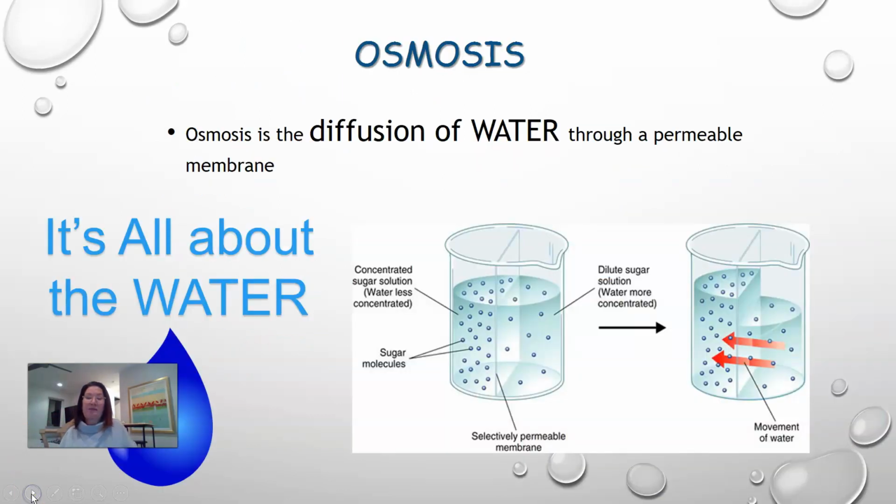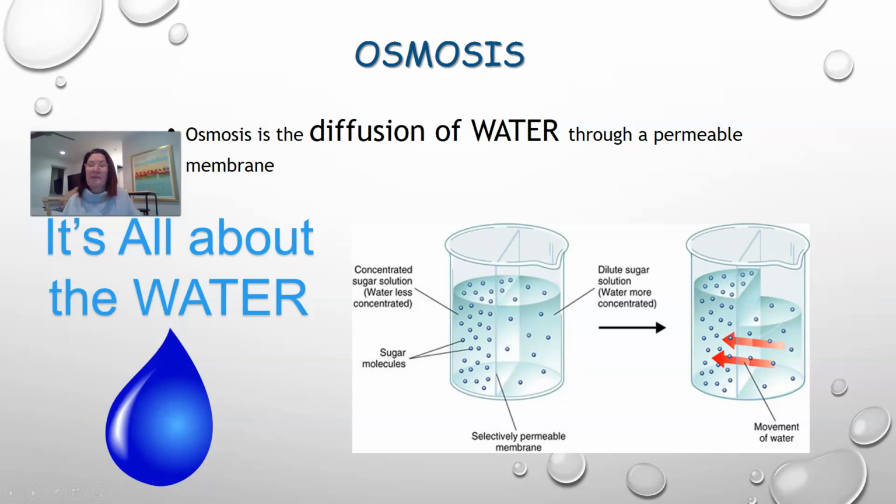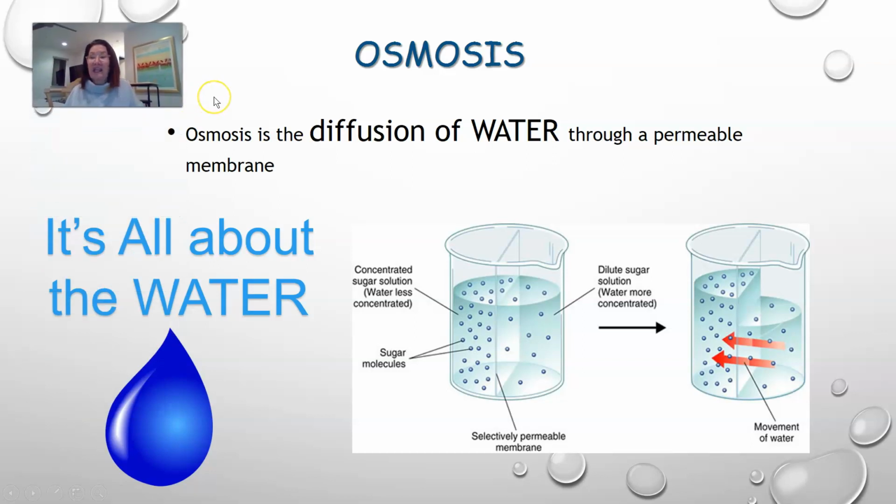So next we have what's called osmosis, and we're going to be doing a lab about this with an egg. So osmosis is the diffusion of water through a permeable membrane. So it's all about the water, all about the water. So if there's ever a question about something going through the membrane and it says water anywhere in there, it's going to be osmosis.